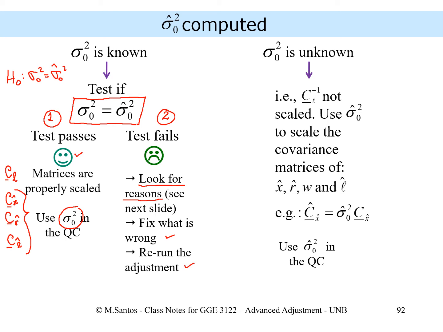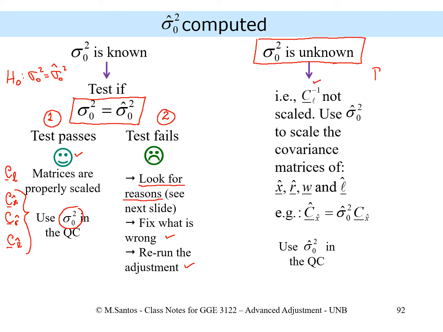What happens now if the a priori variance factor is unknown? If it is unknown, we cannot do the test. We know that the weight matrix, the covariance matrix, is not scaled.